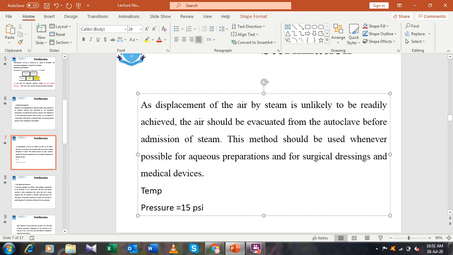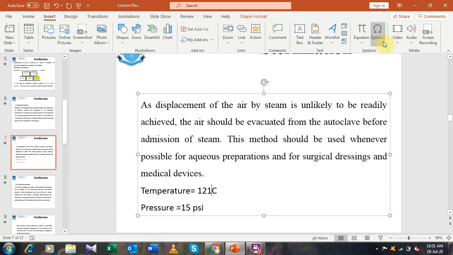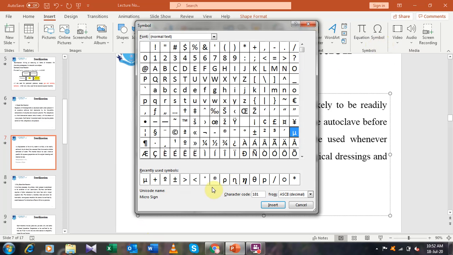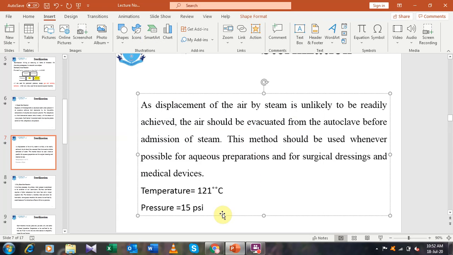What is the temperature for steam sterilization? The temperature is 121 degrees centigrade. Remember that you should mention the unit with the temperature, because there are three different scales for measuring temperature, and you should write 121 degrees centigrade.